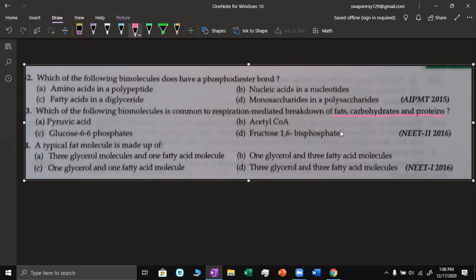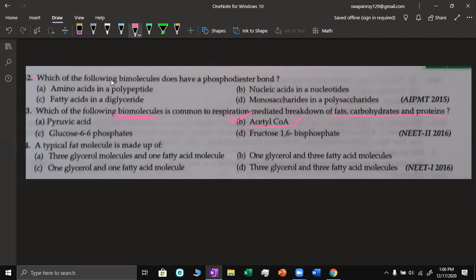The common compound in the Krebs cycle, in respiration, where fat, carbohydrate, and protein join, is acetyl coenzyme A. For the ATP system, it is a biomolecule, so this has been given from here.